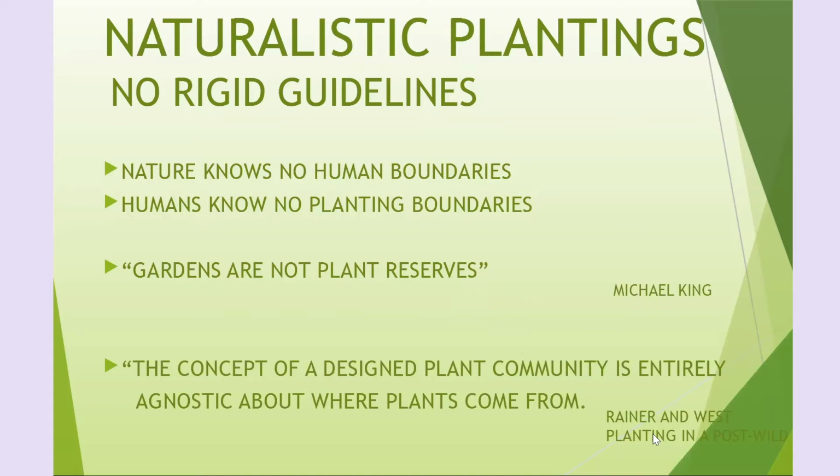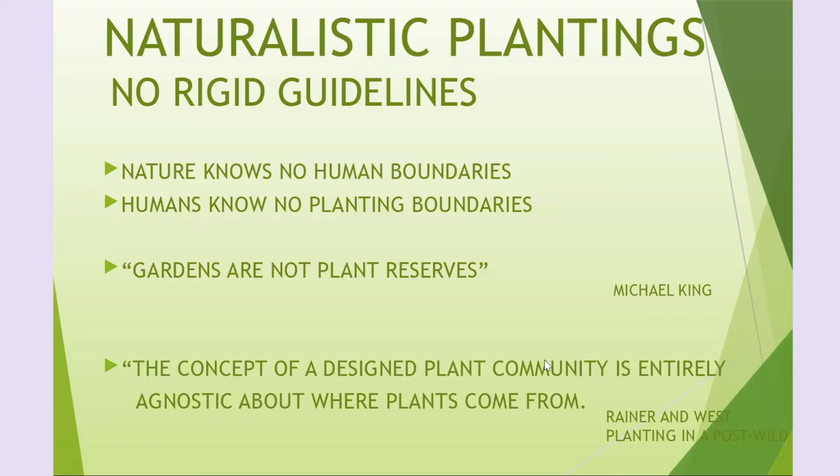Now, there is a writer that many of you know, Rainer, and the Great Book of Rainer and West, Planting in a Post-Wild World. At least look at the pictures. And in there he says, the concept of a design plant community is entirely agnostic about where plants come from.